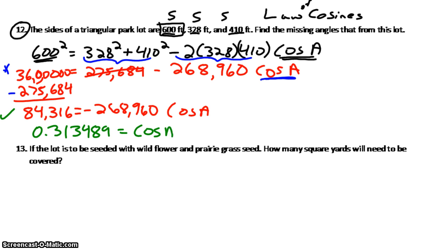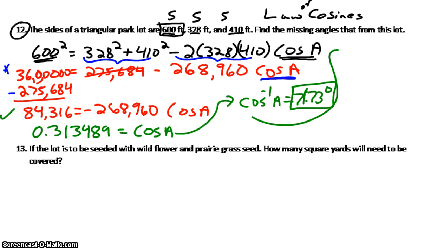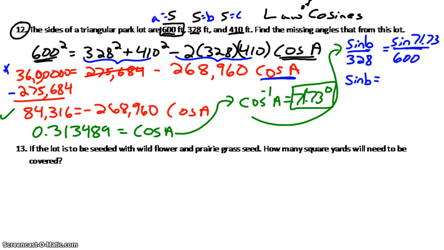So once we do the inverse cosine, which can give us an obtuse angle, we'll get our answer, which gave me an angle of 71.73 degrees. Now to solve for the rest of the unknowns, I'll go to law of sines, giving me sine B equals 0.5191.